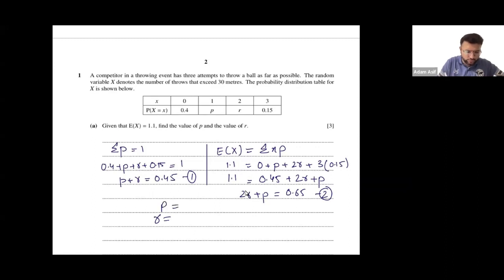So p comes out to be 0.25 and r comes out to be 0.2. These are the values.